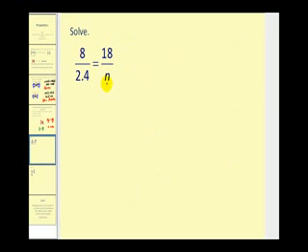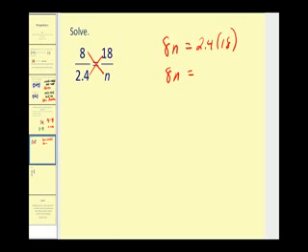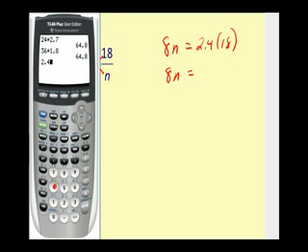We have a proportion, therefore the cross products must be equal, which means 8 times n, or 8n, must equal 2.4 times 18. So we'd have 8n equals 43.2.